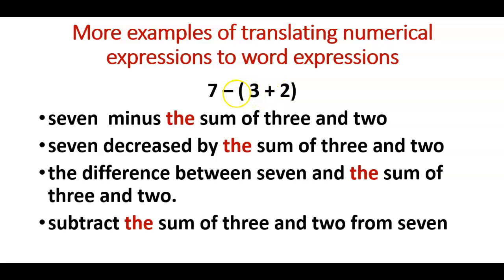Okay? So it doesn't matter what other operations are used. Okay? Remember, the means parenthesis. Okay? Same is true here. Subtract the what? The sum of 3 and 2 from 7. Not subtract 3 from 7 or 2 from 7, but it's the result of 3 plus 2 to be subtracted from 7. Okay?